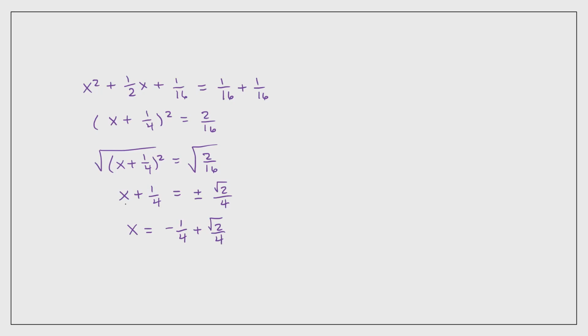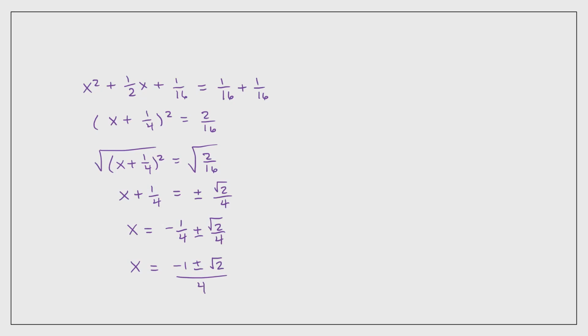So now I can rewrite this expression with a common denominator. So x equals -1 plus or minus the square root of 2 over 4.